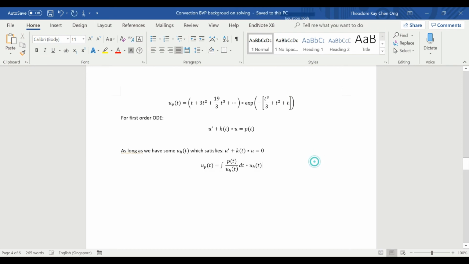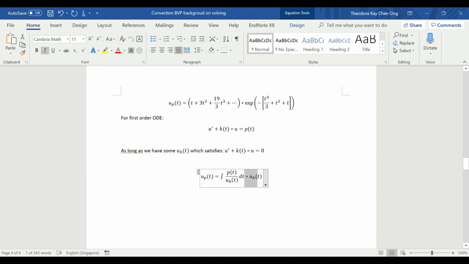When it satisfies this homogeneous part of the equation, then UP of t is the integral of p(t) over UH of t times UH of t.